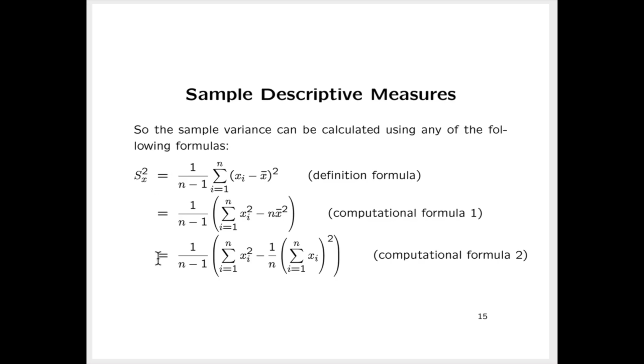All right, so this slide just summarizes those results so that we have all three formulas on one slide. I will just tell you that my preferred shortcut formula is computational formula 2. I tend to use this one because there is typically less rounding error in the second computational formula than in the first one.